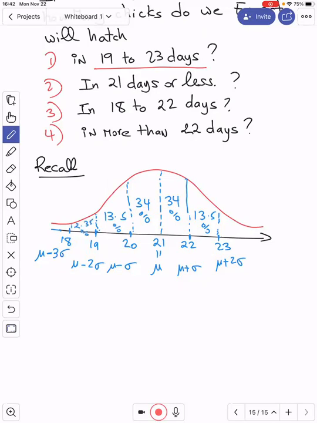Anyway, what we need in the first question is 19 to 23, right? So what's the probability that your incubation time falls in that range?